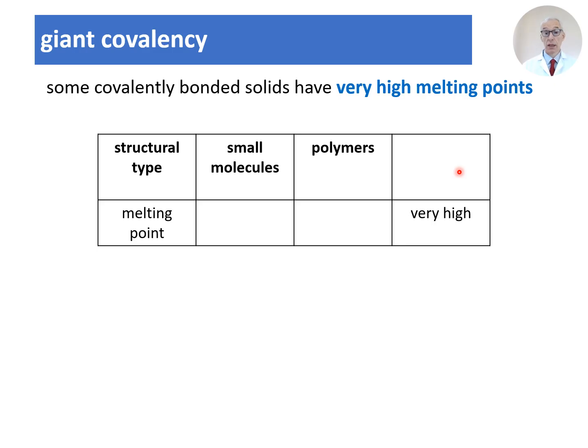Okay, to restart, small or simple molecular structures have low melting points, as do polymers, but covalently bonded substances with very high melting points have a giant covalent structure.